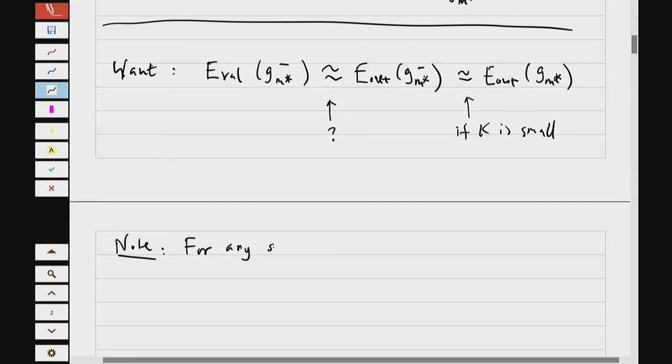So for any given m in 1 to M, in other words, this is picked before model selection.